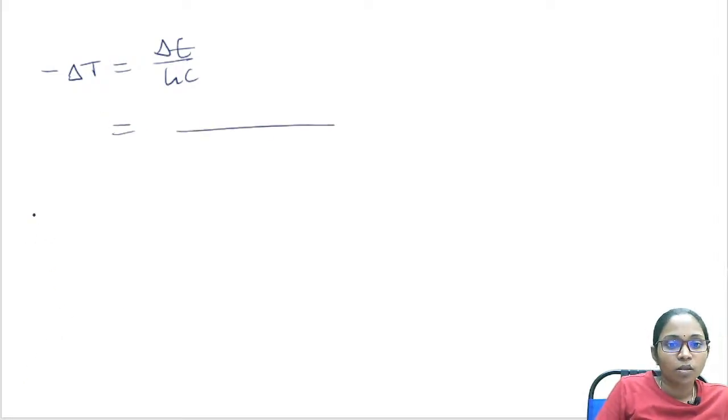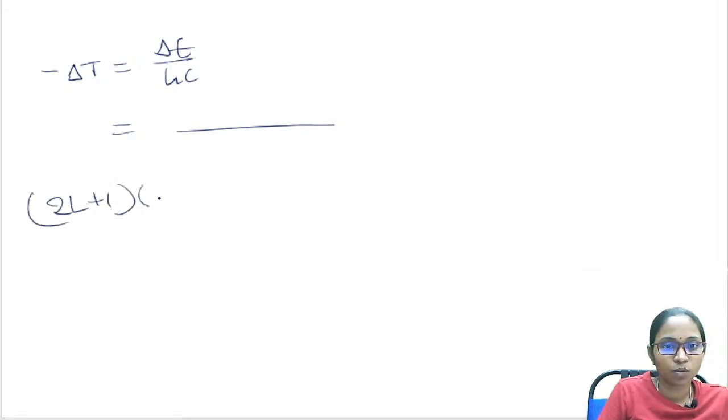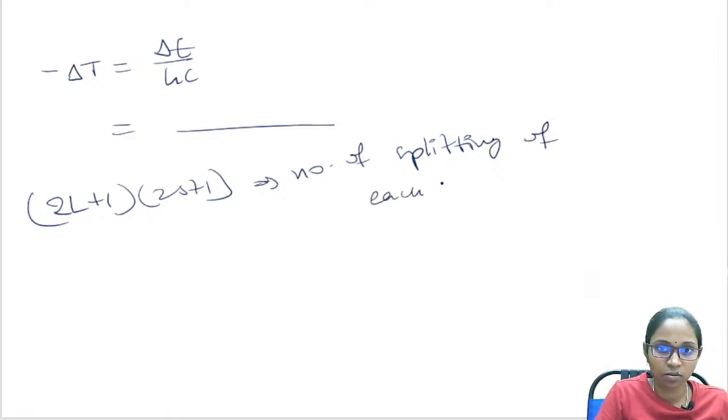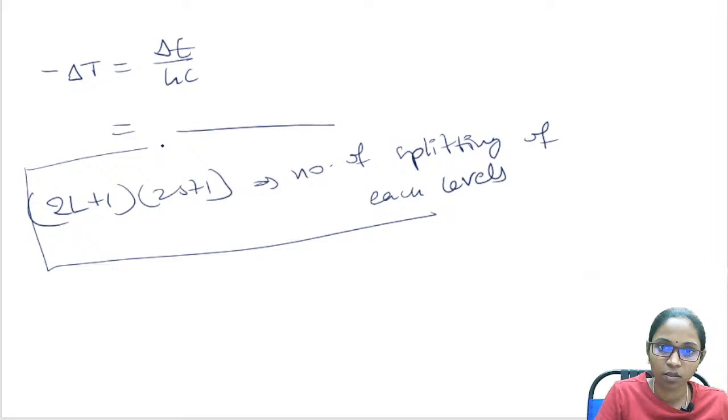So the number of splittings will be 2L plus 1 into 2S plus 1. Each level is split into (2L plus 1) into (2S plus 1) times. Keep it in your box.